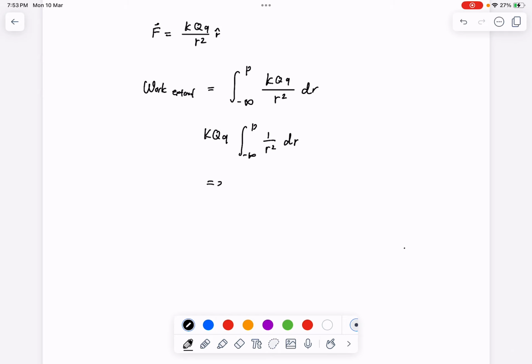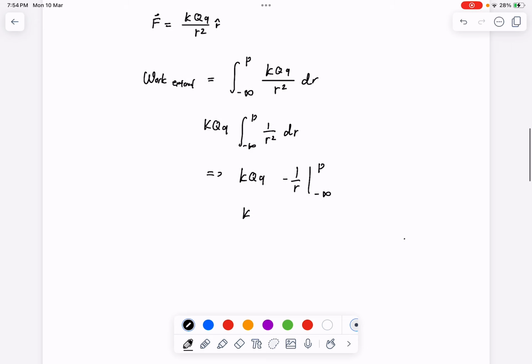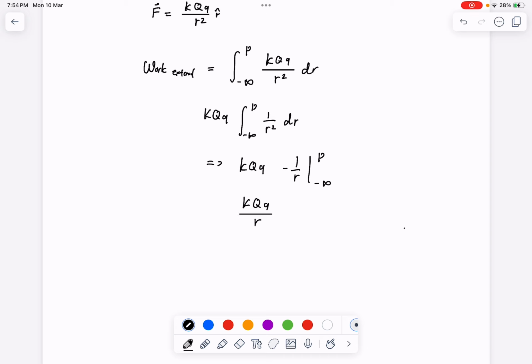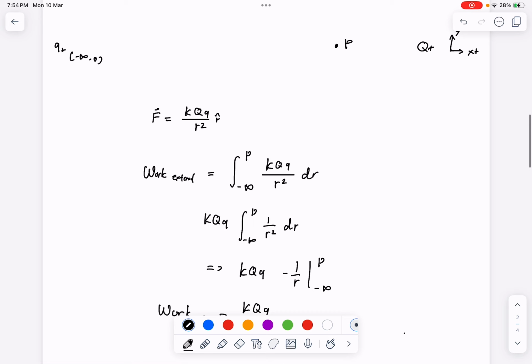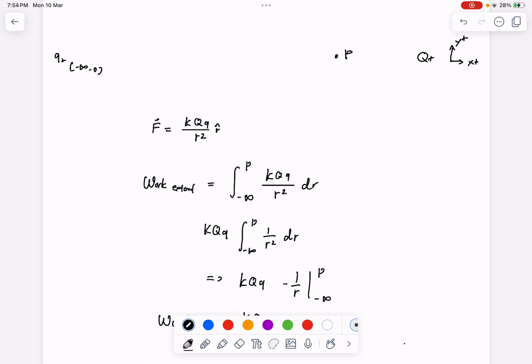This will give us KQq times negative 1 over R evaluated from negative infinity to P, and we get KQq over R. So the work external equals K big Q times little q divided by R, where R is the distance between them. This is R.